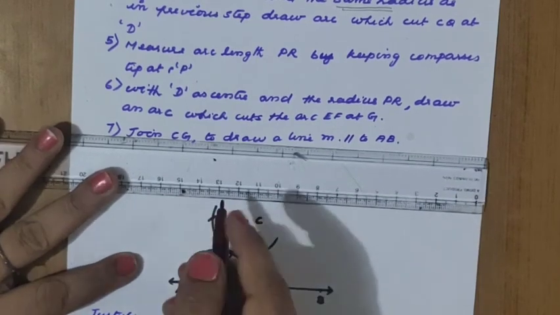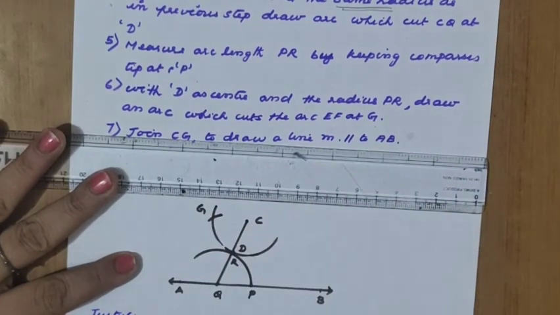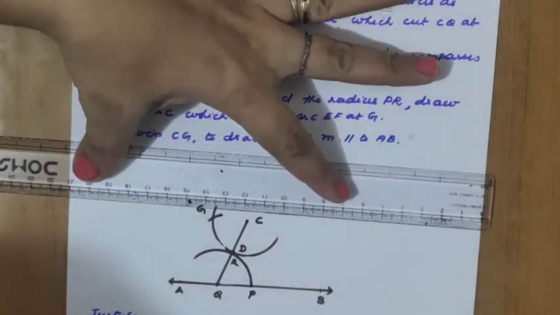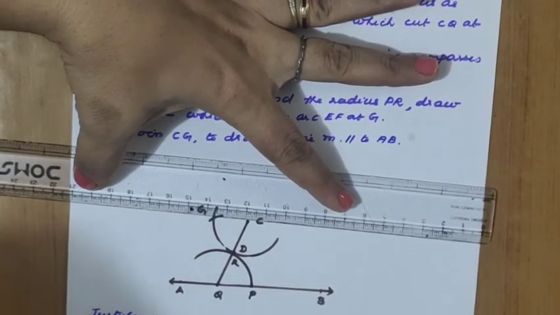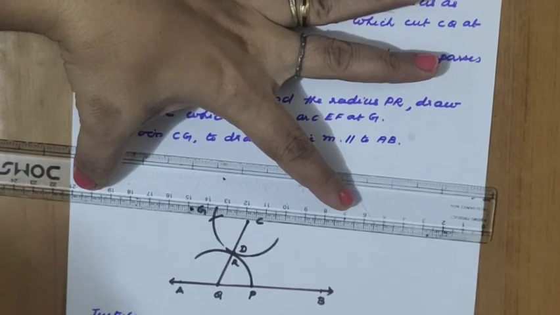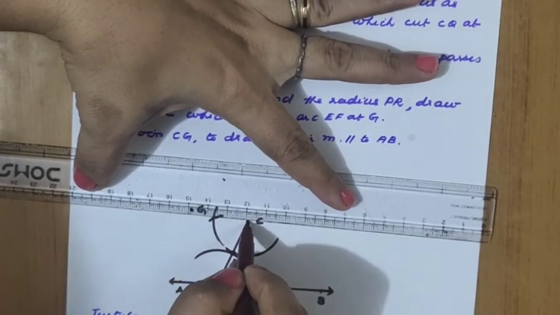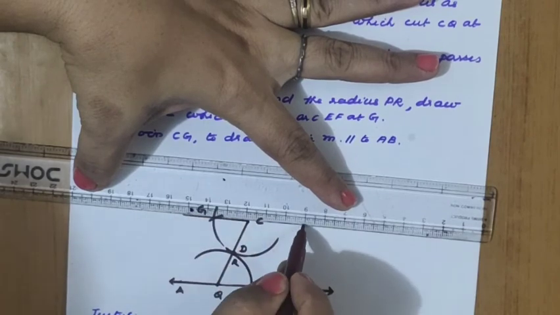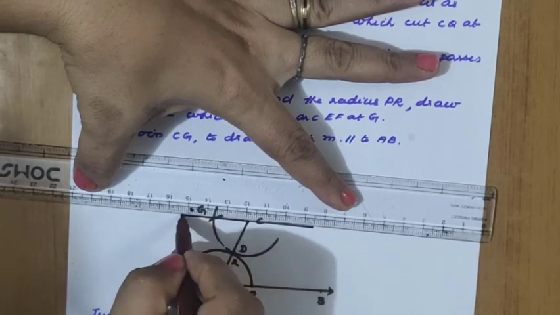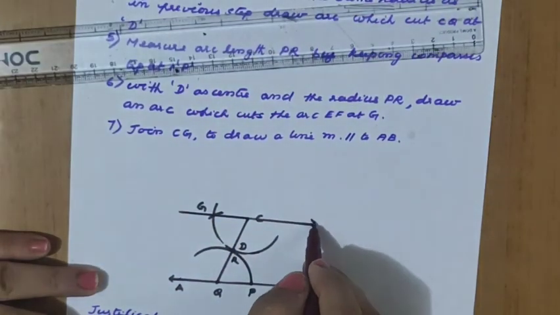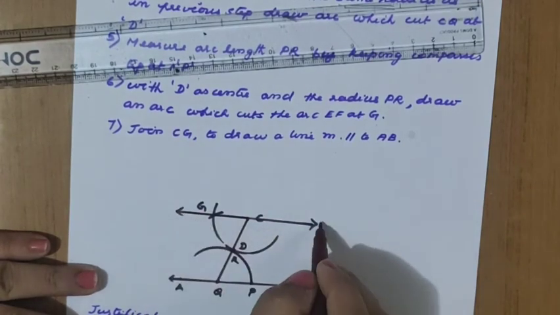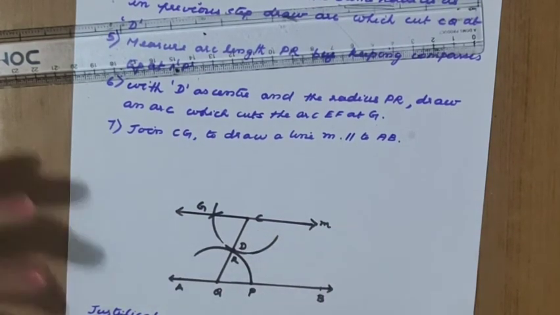So I'll mark G first. First join CG, then extend with the help of a scale. So this line, that is M, is parallel to AB, as we got.